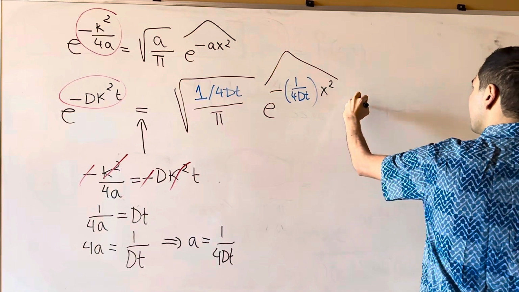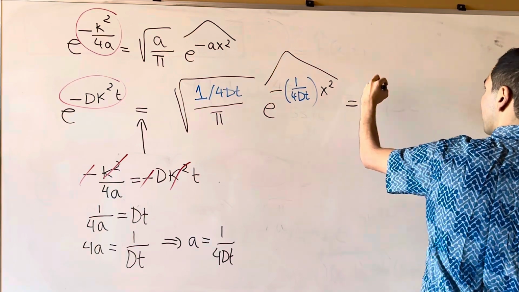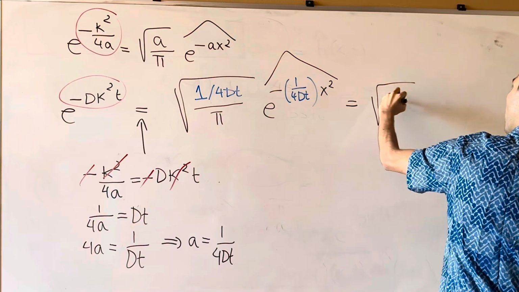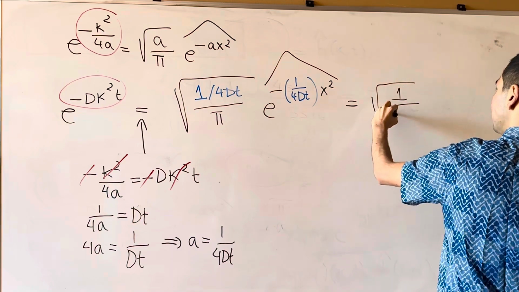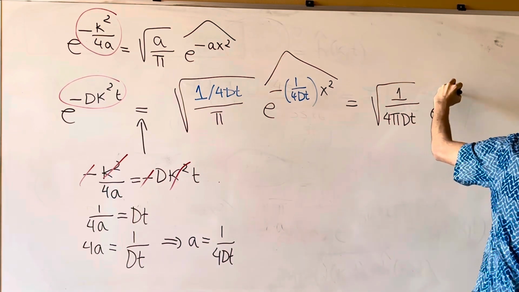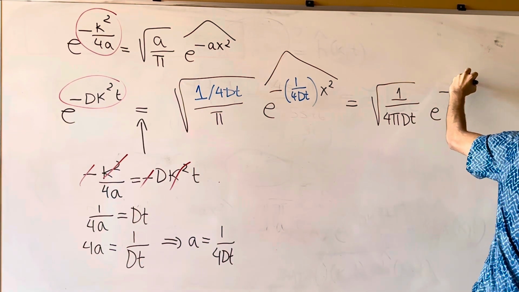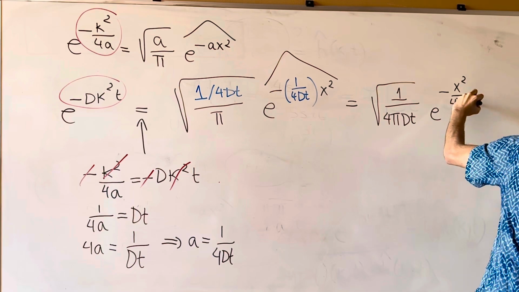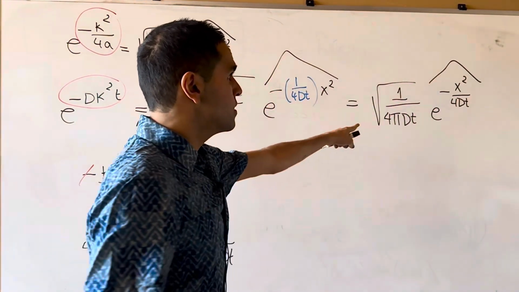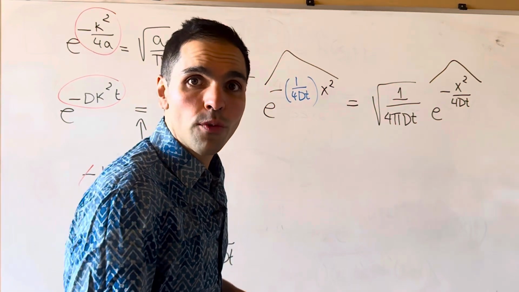And then we finally have our Fourier transform, so square root of 1 over 4 pi dt, and then e of minus x squared over 4dt. In other words, this is our function g that we wanted.